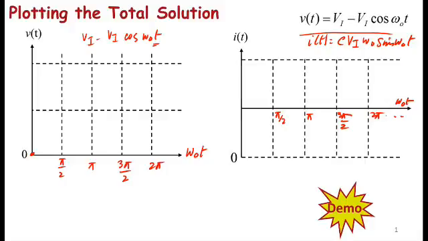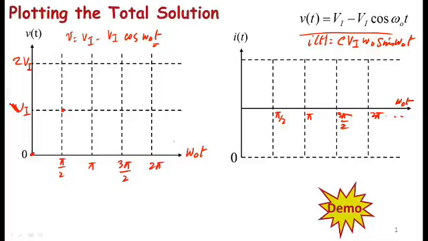Next, when omega naught t is pi by 2, cosine of pi by 2 is 0, and so therefore V(t) is capital Vi. So let me write that down here and mark this as Vi, and this will be 2 Vi. So this is what I get.